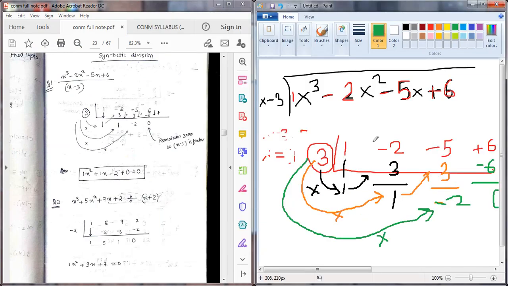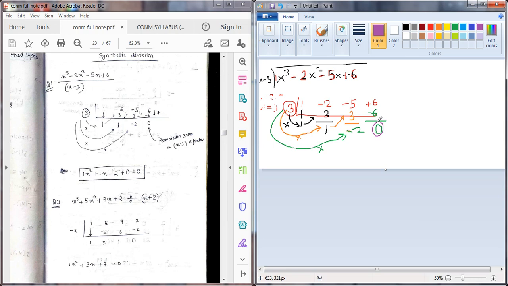In that case, see, originally it was x to the power 3. Since I have divided by x, the highest power will be x square. So what are the coefficients? The coefficients are 1, minus 2, 1, and 0 over here.